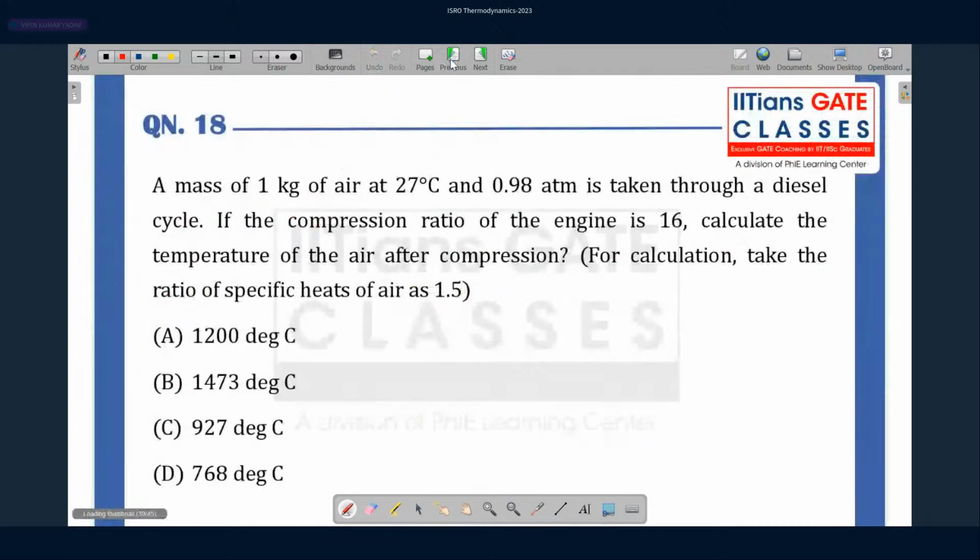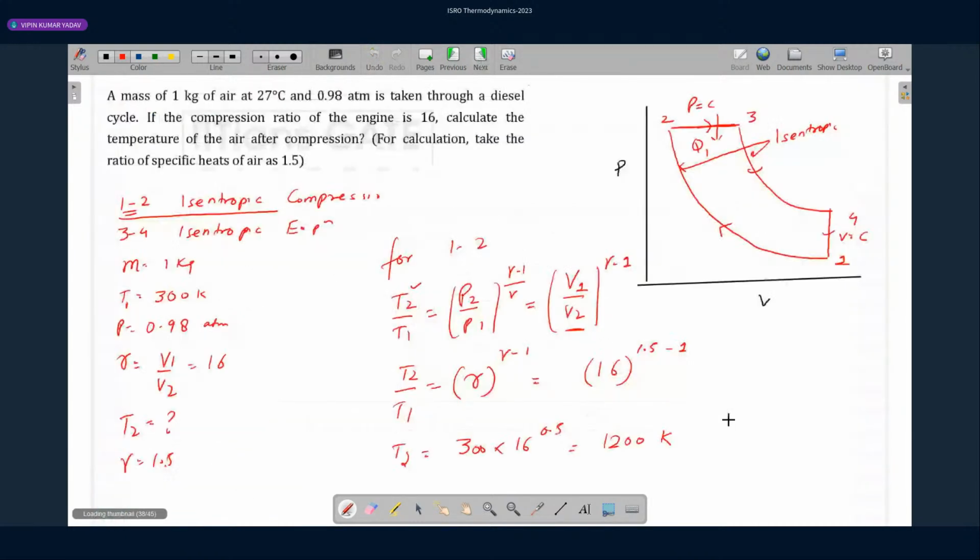Now a lot of people will directly mark the answer A, but you have to understand these units are in degrees Celsius. So I need to convert it into degrees Celsius, which is 927 degrees Celsius.